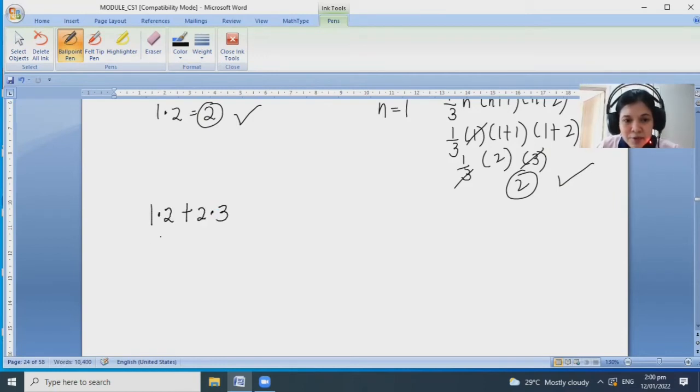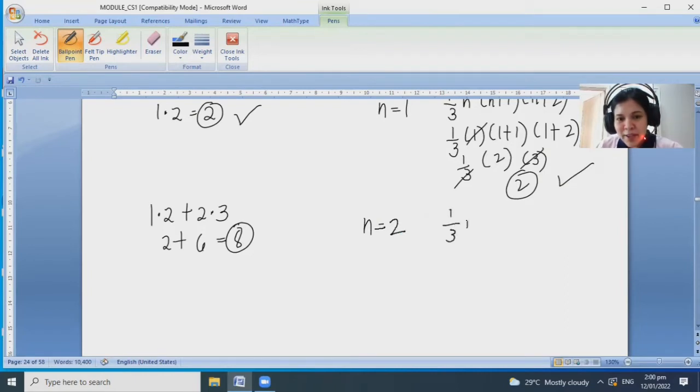So as you solve, 2 plus 2 times 3 is 6. So we have 8. Let's check if that is correct. Applying the formula, n equals 2. Write the formula at the right side of the equal sign: 1/3 n plus 1 times n plus 2.